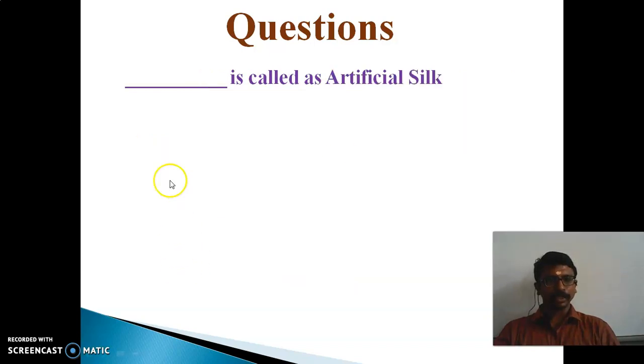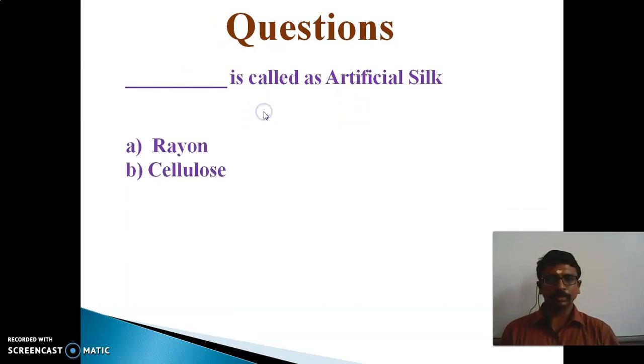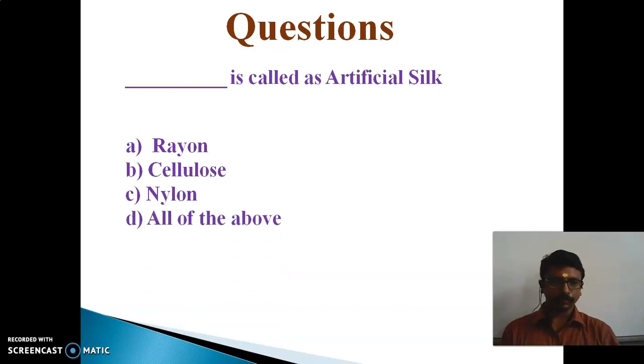And the second question is: dash is called artificial silk. Which material is called artificial silk? The options are rayon, cellulose, nylon, all of the above.